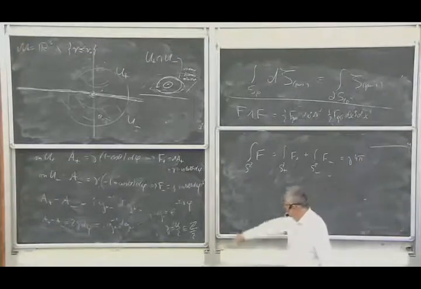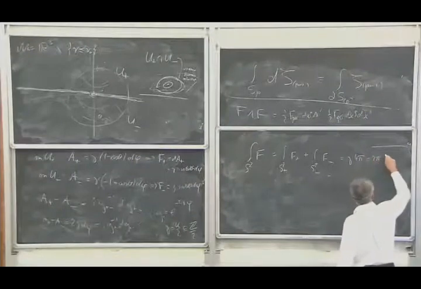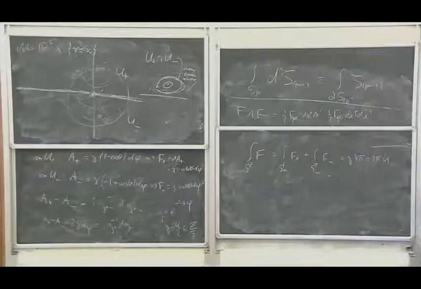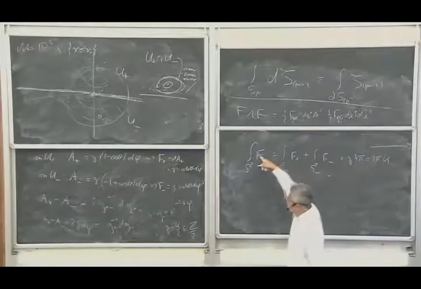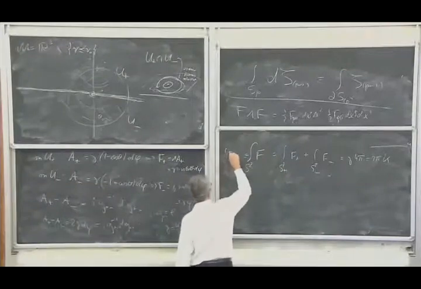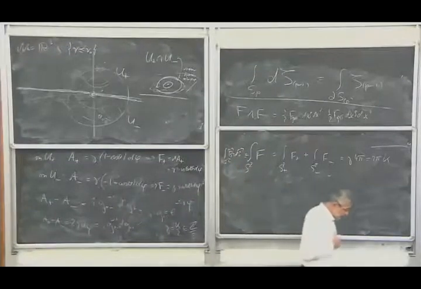And because we know that gamma must be k over 2, we get 2 pi times k. Okay, we get some quantized flux. This thing, of course, F is the magnetic field. We're computing the, so this you would call the flux of the magnetic field through the sphere. So there's some magnetic flux.